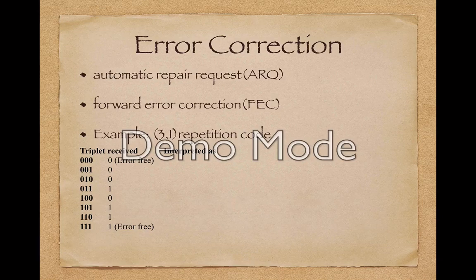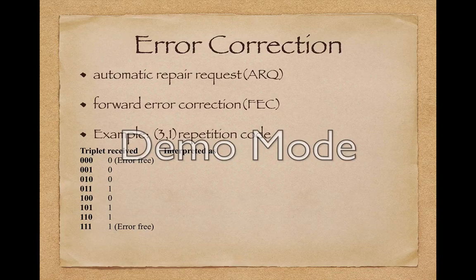While for FEC, the receiver not only detects the error information, but also needs to restore the erroneous data using extra correcting bits. And this is a simple example of FEC: transmit each data bit 3 times, which is also known as a 3-1 repetition code.